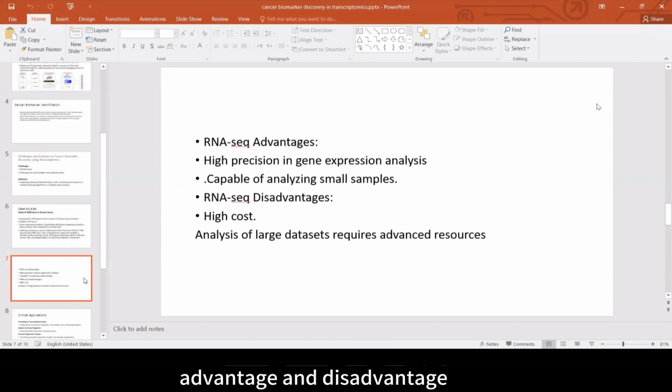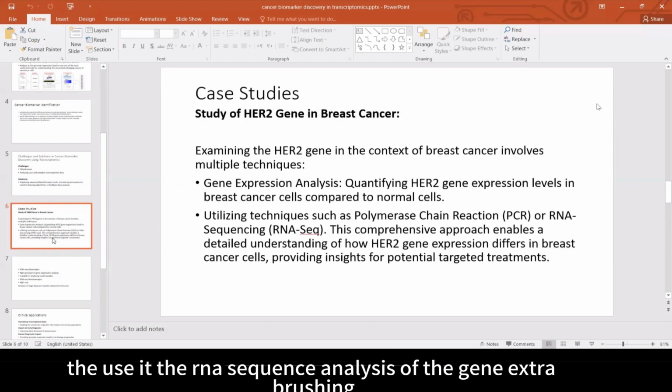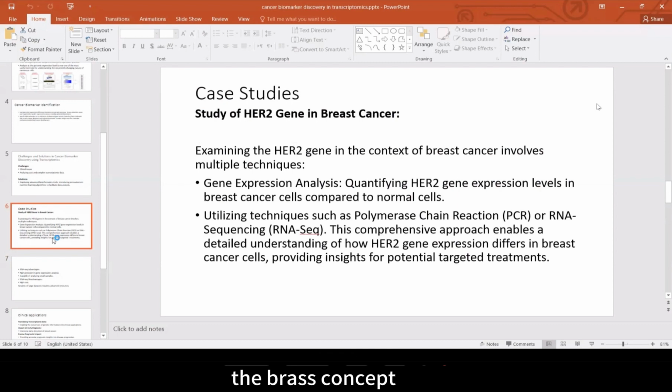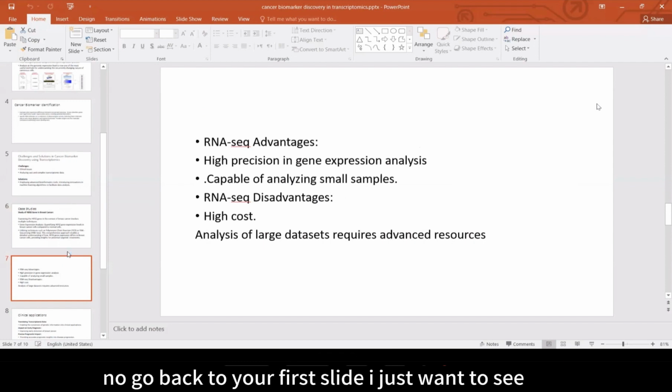The advantages and disadvantages of using RNA sequencing analysis of gene expression in breast cancer. Okay, can you go back to your first slide?